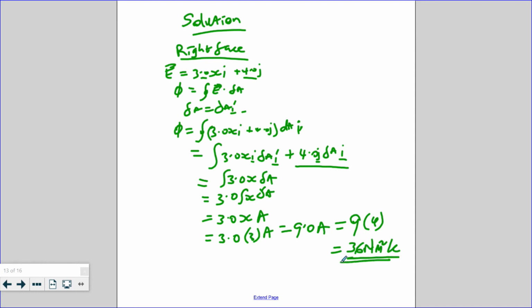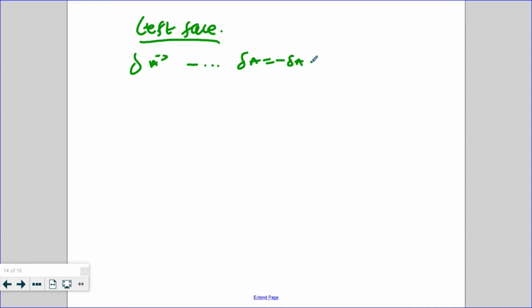Let us go to the left face and obtain the flux through it. We repeat the procedure for the right face, however two factors change here. The element dA points in the negative direction, so dA is equal to negative dA. And on the left face, x is equal to 1.0.